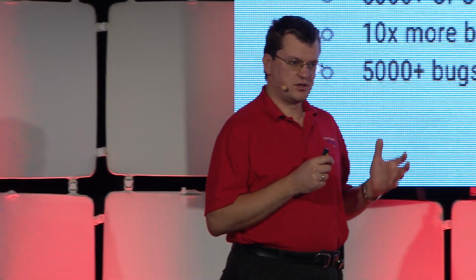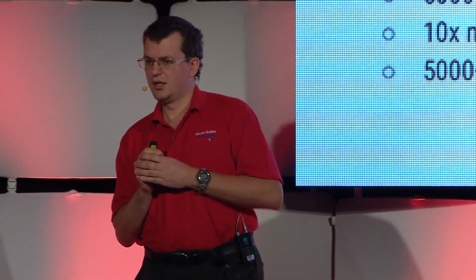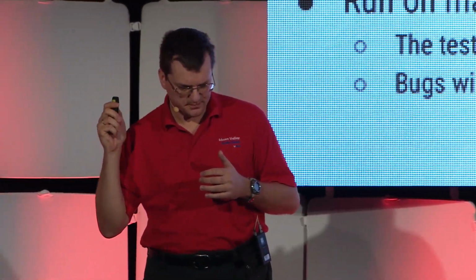And with fuzzing, we found at least an order of magnitude more bugs than with the unit tests. Maybe actually 2 orders of magnitude. In Chromium alone, we found at least 5,000 bugs, maybe more. And in FFmpeg package of video codecs, we found more than 1,000 bugs.